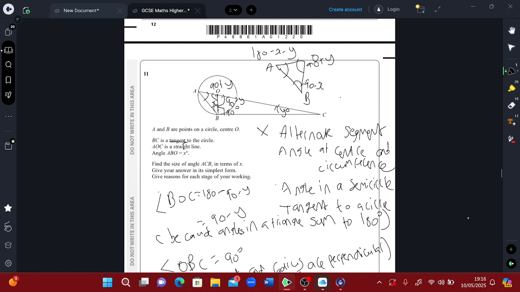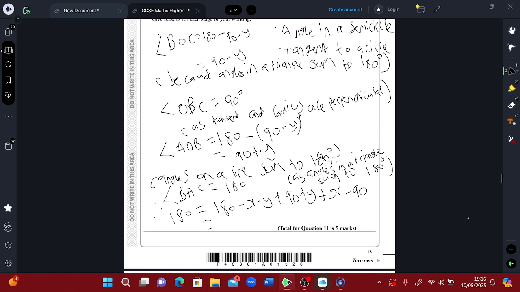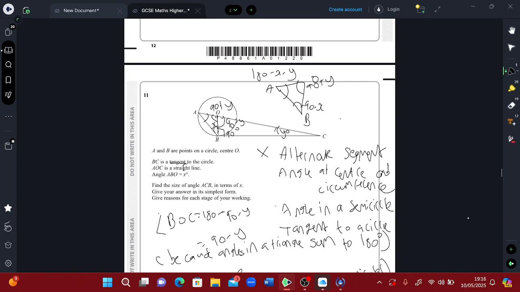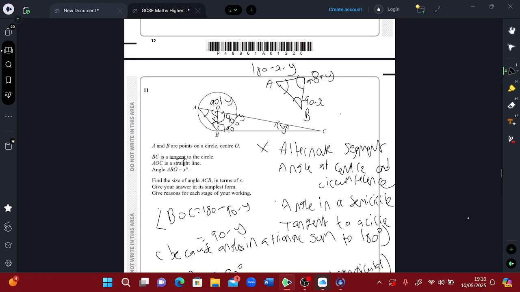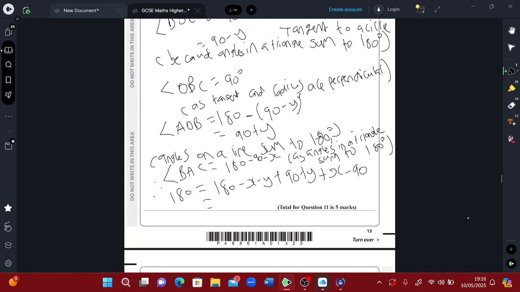So minus 90 plus x. That's going to be minus 90 minus x, minus y. That's going to be just 90 minus x minus y.